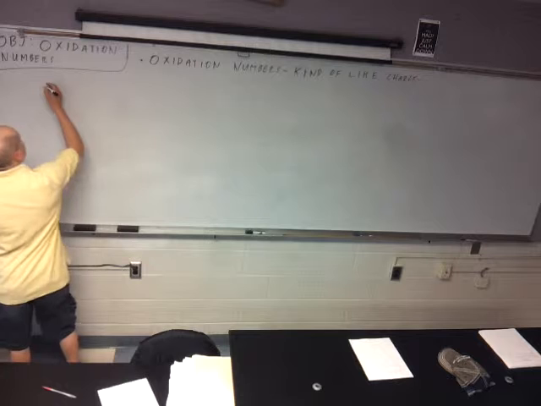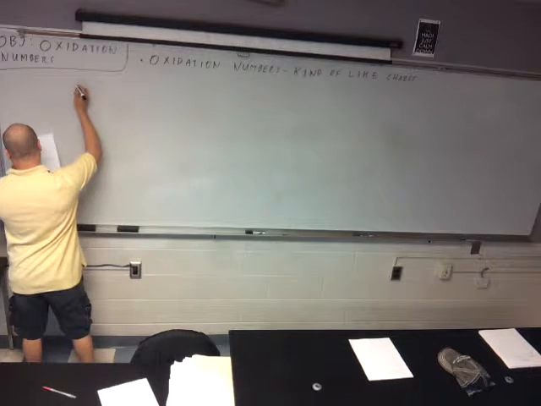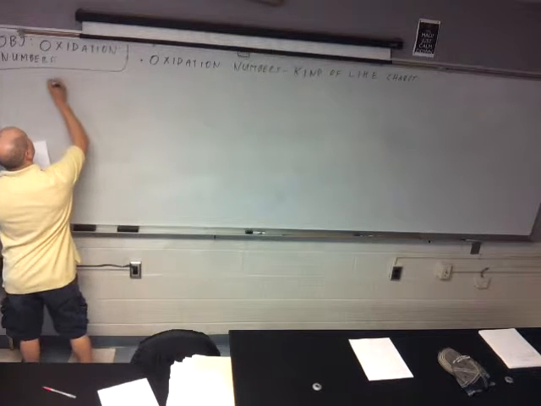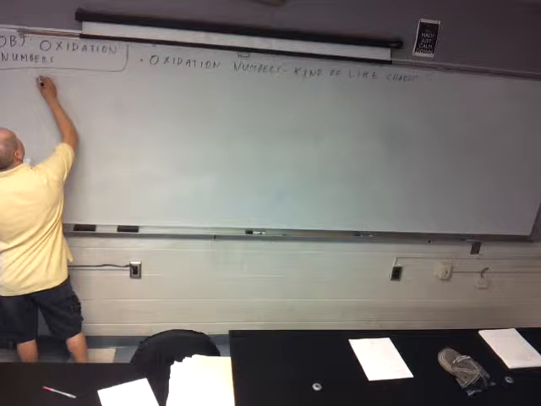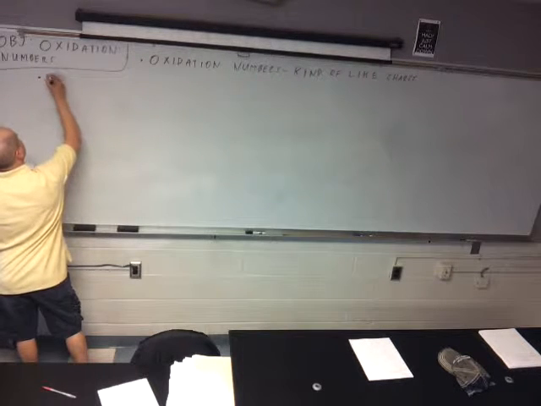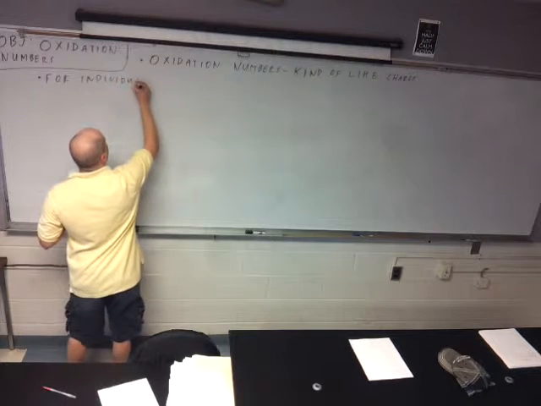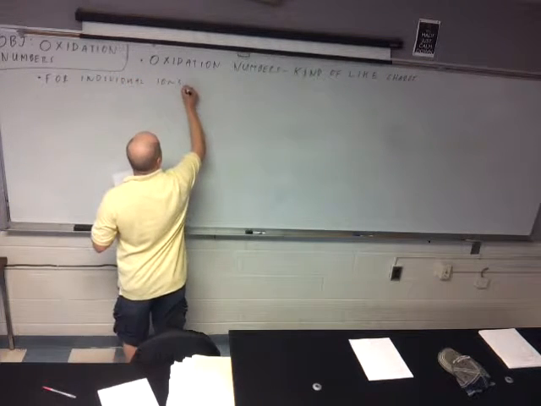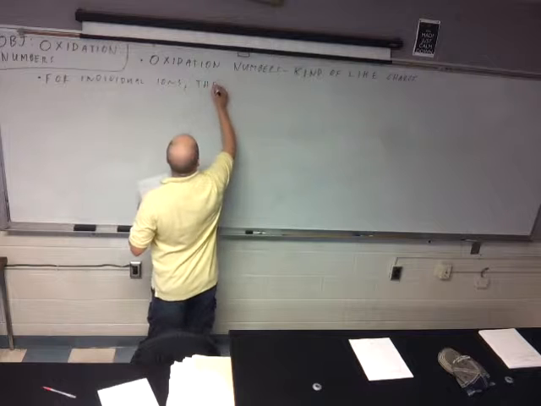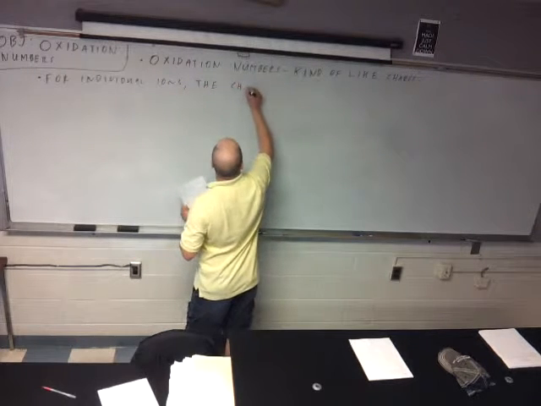So rule number one here, since we have rules here. Oh, this is going to be a little bit messy today. So for individual ions, the charge is the oxidation number.